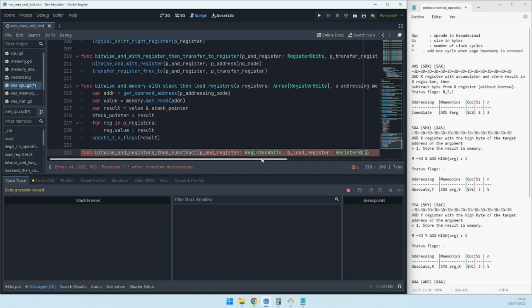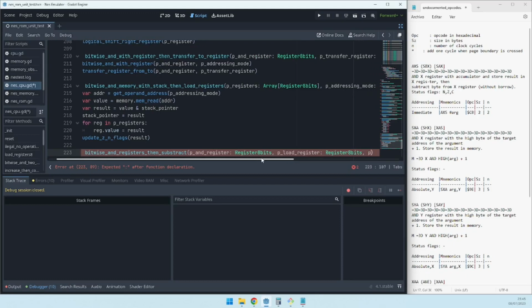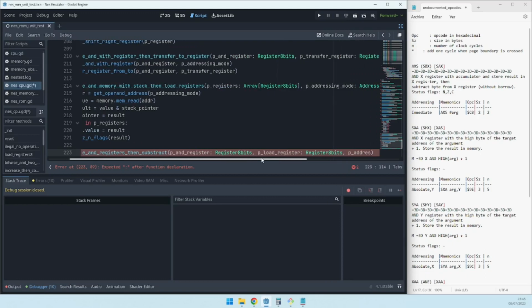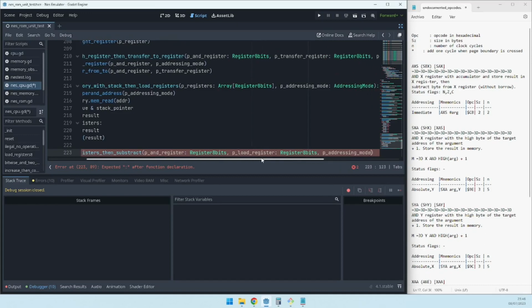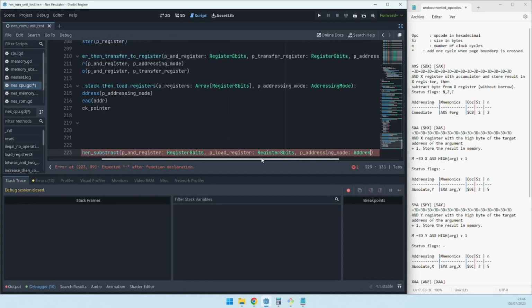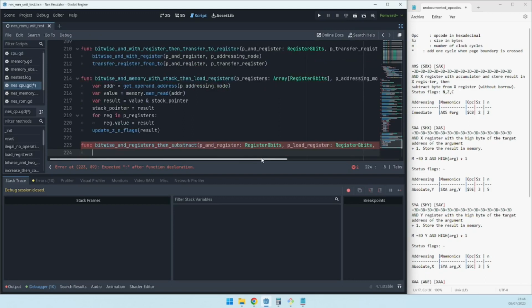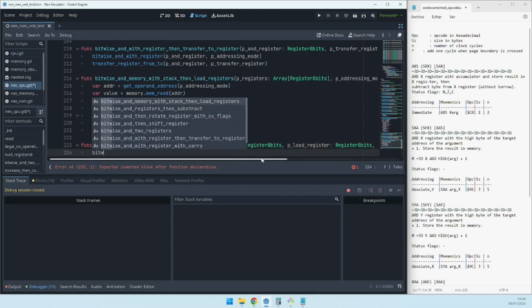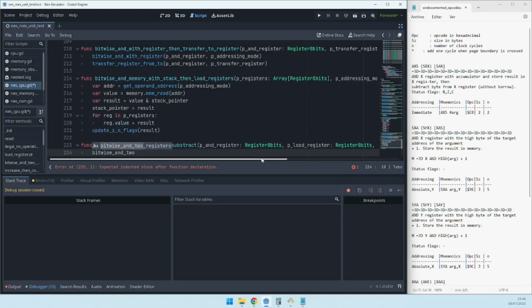Register 8-bit. P addressing mode. Addressing mode. So we first bitwise AND the two registers.